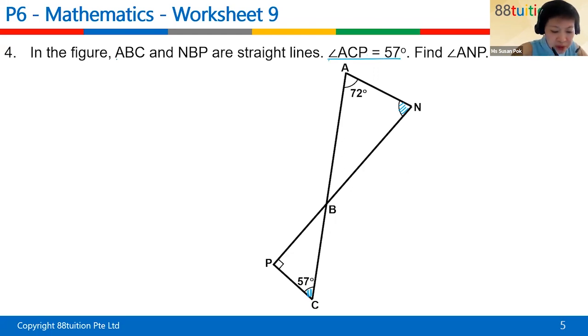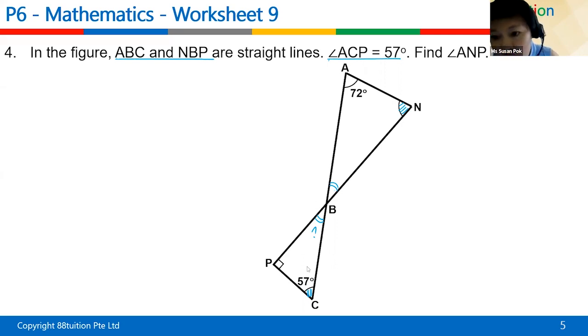Let's ask Yancy. Can you help me with one suggestion first? Start. You can find angle PBC first. Okay, PBC first. Good. After finding this, I can put it on top, is it? Okay, very good.